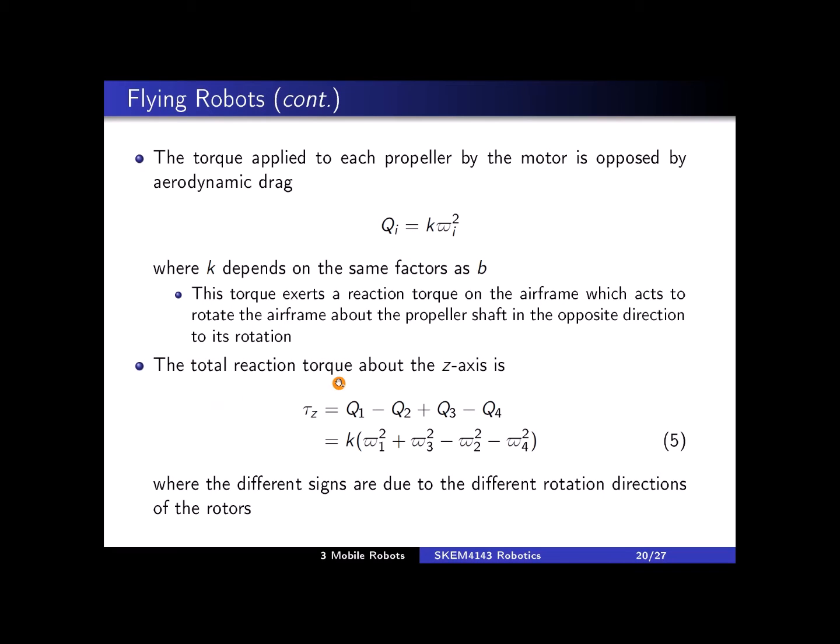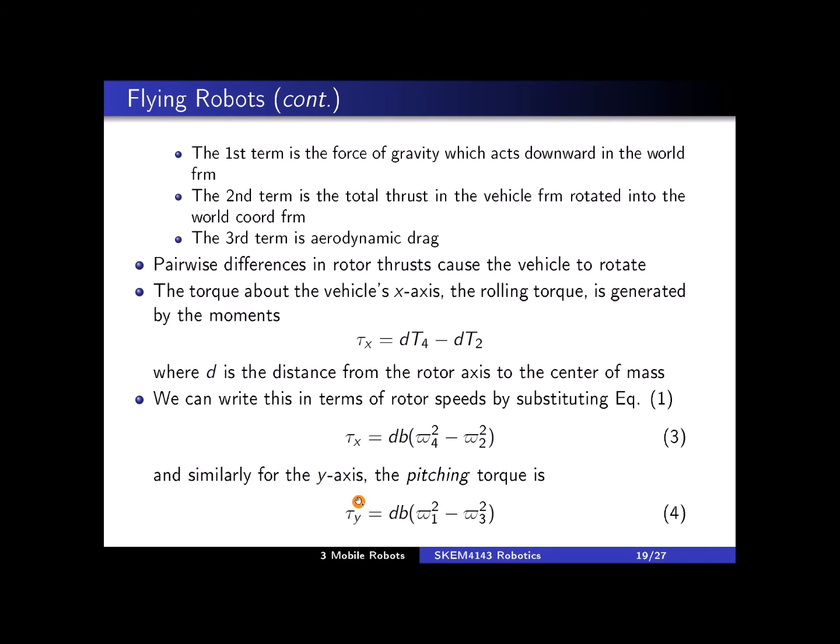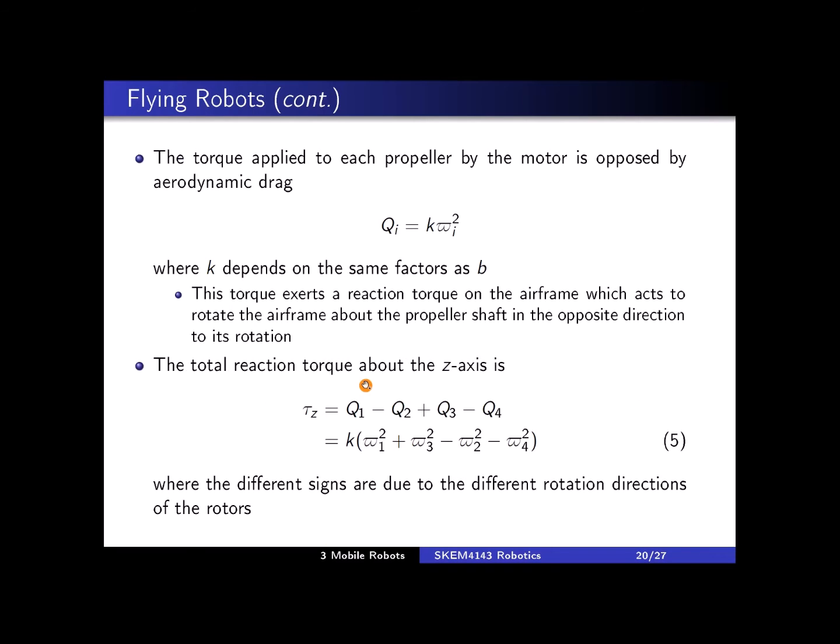So the total reaction torque about the x-axis is given by this, where the signs are due to different rotation directions of the rotors. So you have three torques that we have seen so far. We have the rolling torque, which is the rotation about the x-axis. We have the pitching torque, rotation about the y-axis. And this is the reaction torque, which is the rotation about the z-axis.